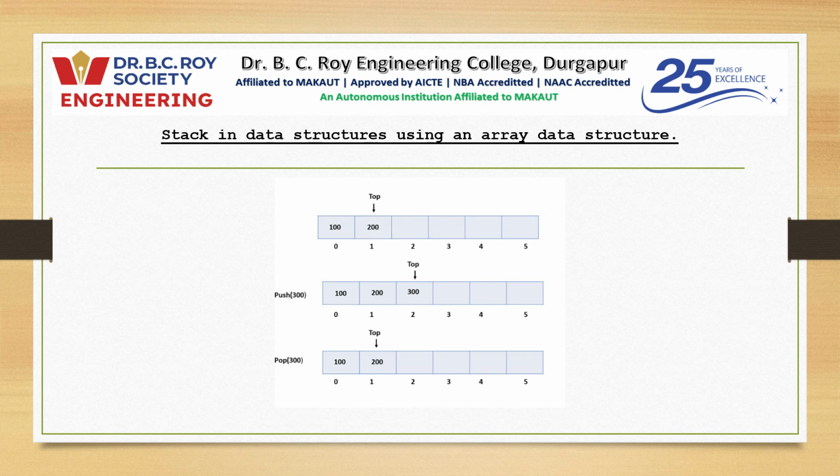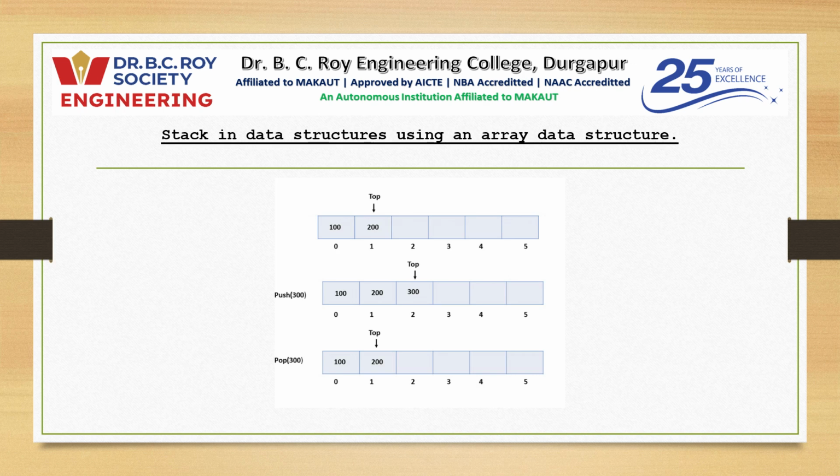Now we can go for the next slide, which says that implementation of a stack is done using an array data structure. What we do here, we can perform the implementation of the stack in data structure using two data structures, that are an array and a linked list. So what's an array? If you want to implement a stack, the stack is formed using an array.